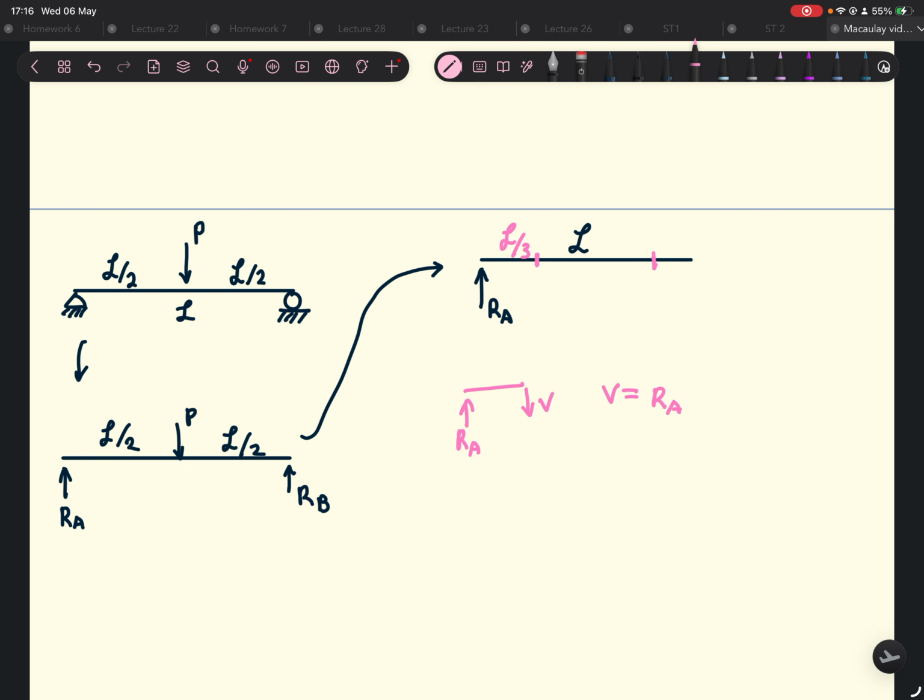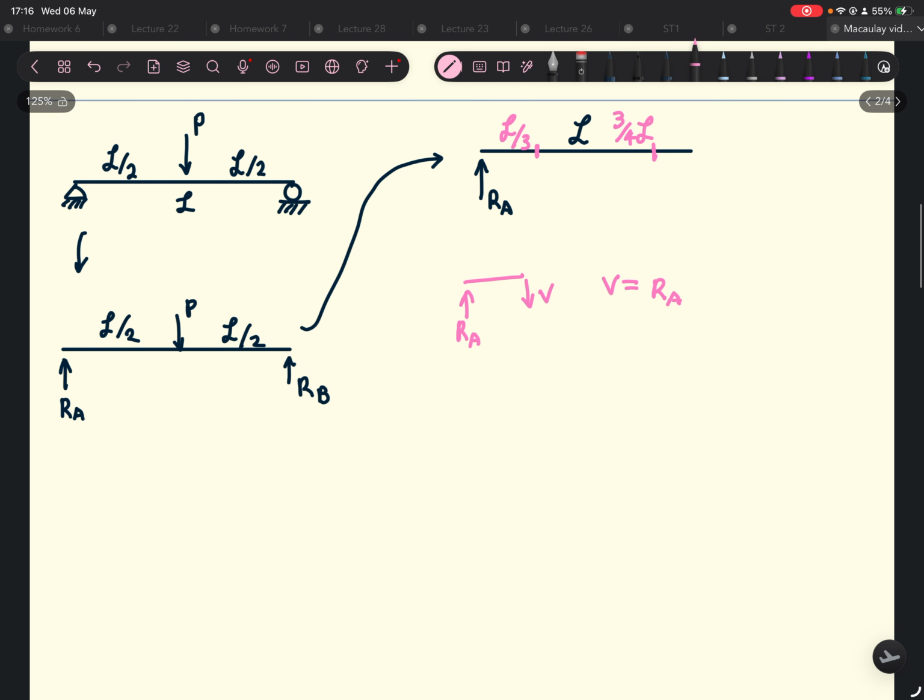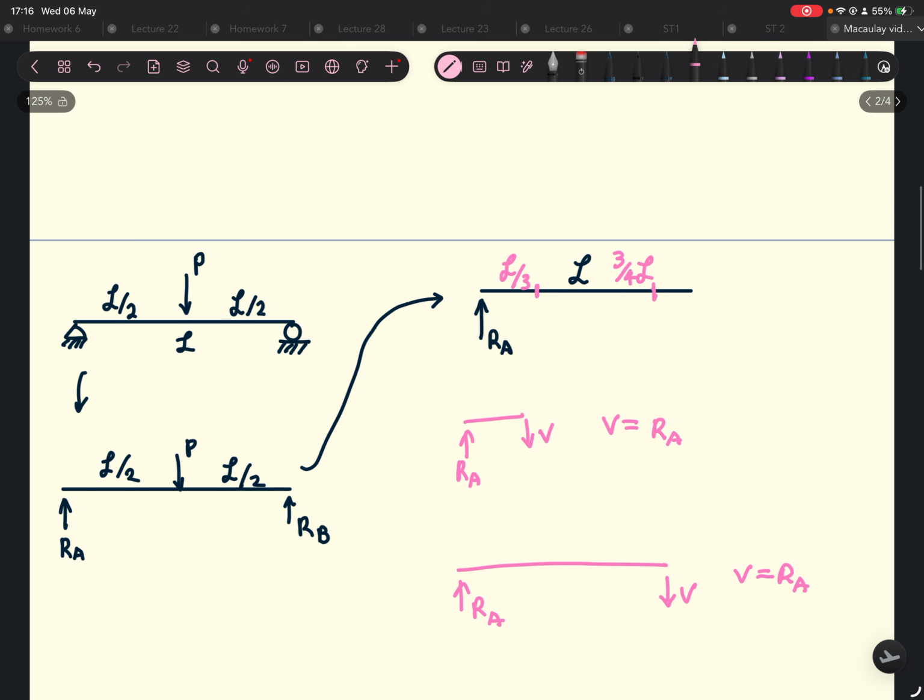I can section it here, let's call that length 3 over 4 times L. Then if I draw that entire length, I'm still going to get my shear force equal to RA. So RA is a constant force that acts along the beam.